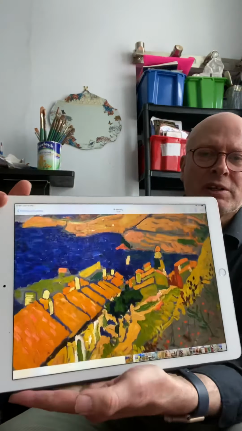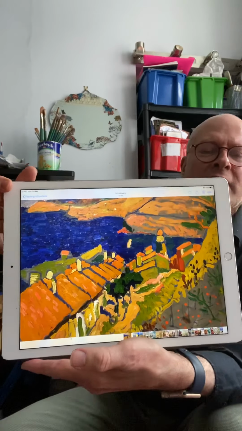So I'm now going to show you a bit more in detail on my iPad here some of the works which actually influenced me quite a lot and fired me up. This one, Collioure, is by André Derain.